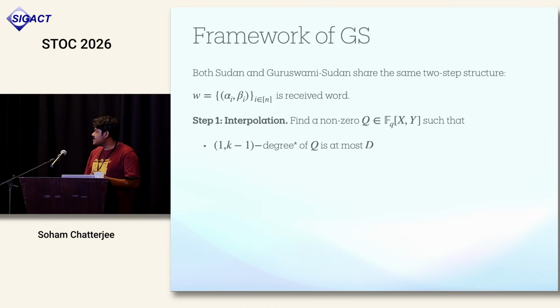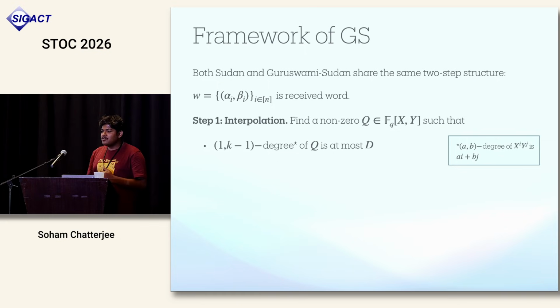The first constraint is the (1, k minus 1) degree. This means Q is a polynomial in x comma y, where you give weight 1 to the degree of x and weight k minus 1 to the degree of y. So the (a, b) degree of a monomial x^i y^j is ai plus bj, and the (a, b) degree of a polynomial is the max over all monomials.